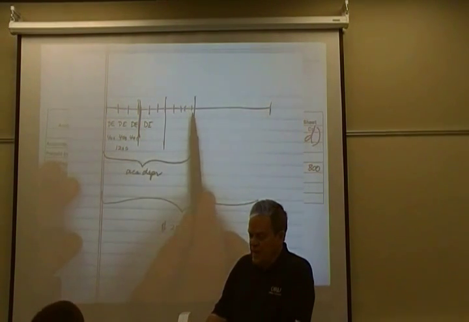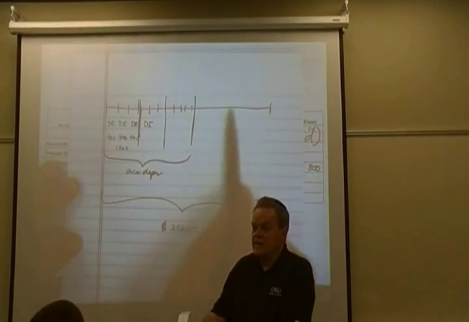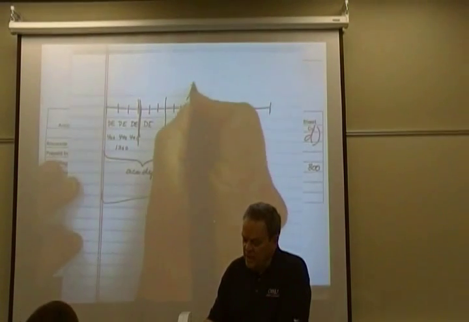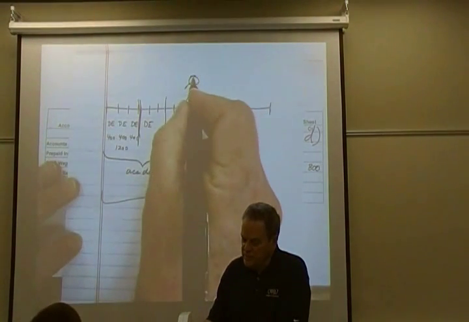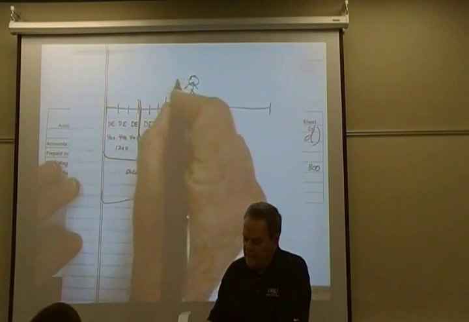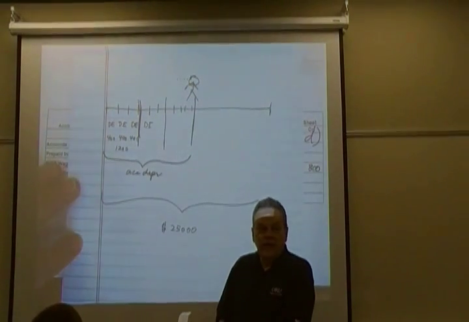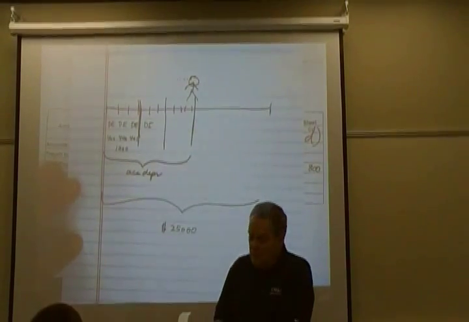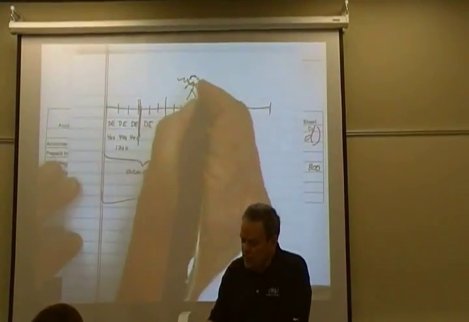Is there an appropriate name for the rest of this line? If we were to be a little person standing right here, if this little person looked back, they'd be looking at accumulated depreciation. But what if this person looked forward?